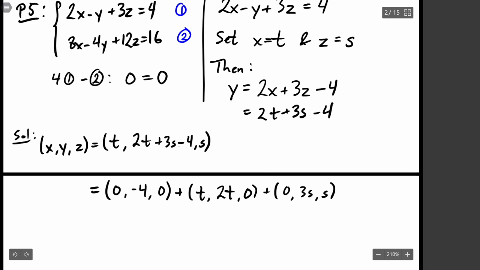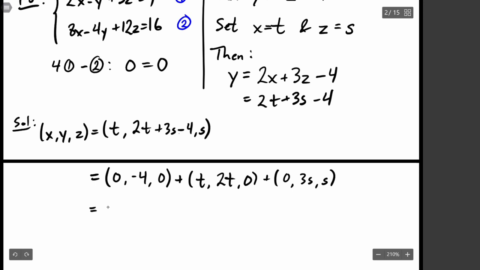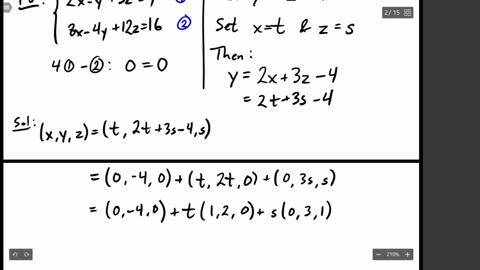Now, just like the last one, we're going to factor out these parameters. The preferred way to write this is like this: factor out the t, so we get 1, 2, 0, plus s times 0, 3, 1.